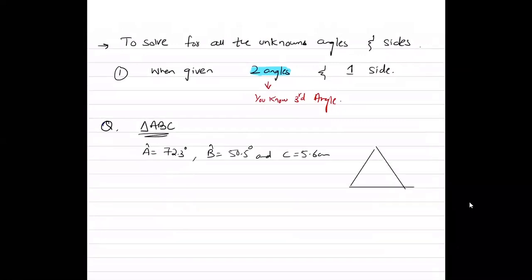I'm just drawing a random triangle right now. Triangle ABC. Angle A is 72.3, angle B is 50.5, and the length small c. The length c denotes the length opposite to angle C, and that comes out to be 5.6 centimeter.